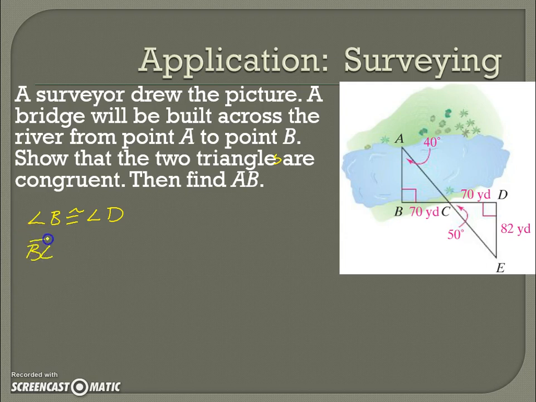So I'd say BC is congruent to DC because they're the same length. And then I know that angle ACB and ECD are congruent because they are vertical angles.